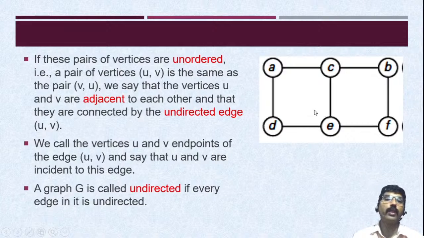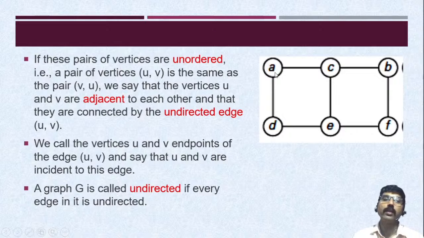Now consider the first one, called an undirected graph. What is the meaning of an undirected graph? If all the edges in the graph are undirected, then such a graph is called an undirected graph. So what is the meaning of undirected edges? Here, if you consider this one as U and this one as V, the pair of vertices UV is the same as VU.